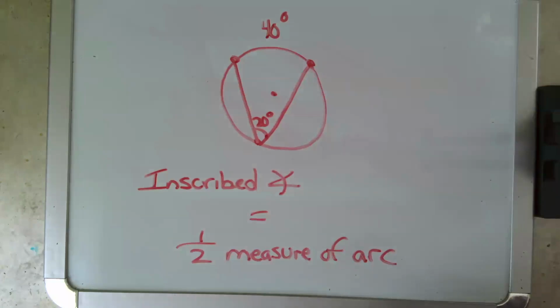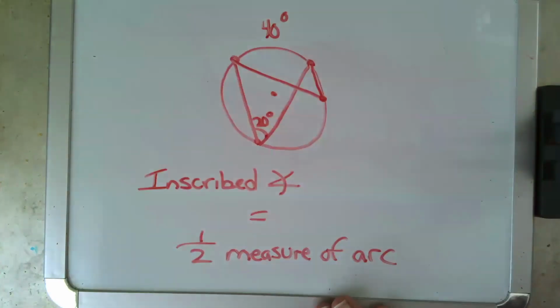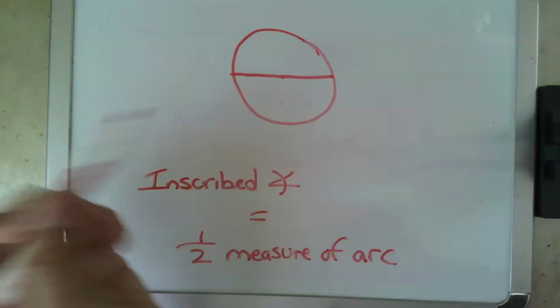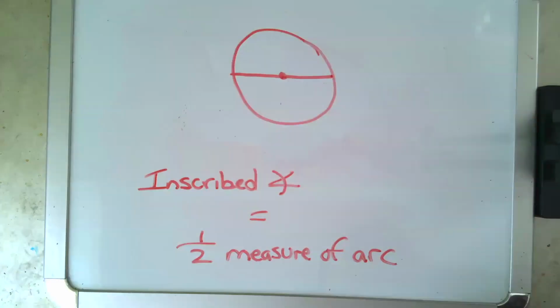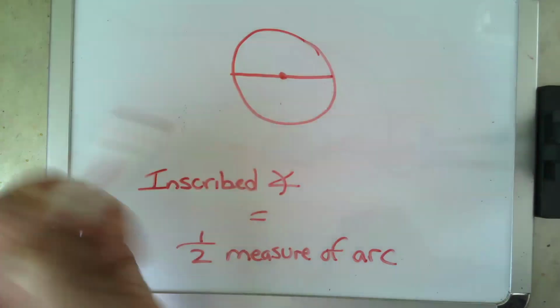And any angle inscribed in the same arc will have the same measure. So for example, if I take this point on the circle and connect it to our same 40-degree arc, it will also be 20 degrees. And by that same token, if I cut my circle with a diagonal so that I have a semicircle, this angle right here is 180 degrees.